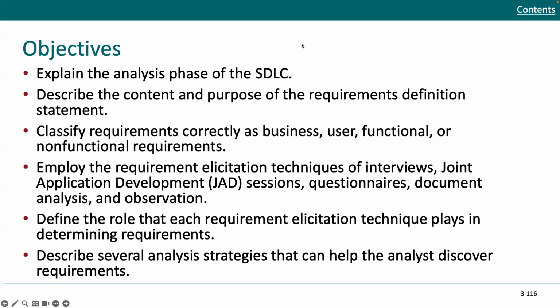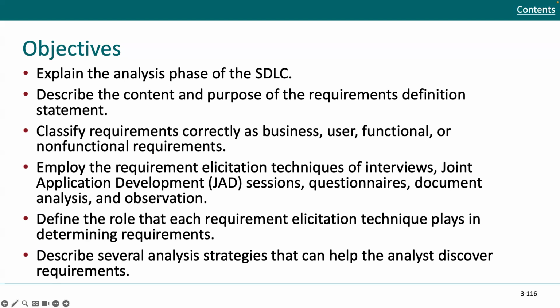And so here are the objectives. So we want to explain the analysis phase of the system development lifecycle. We want to describe the content and purpose of the requirement definition statement. We want to classify the requirements correctly as business, user, functional, or non-functional requirements.